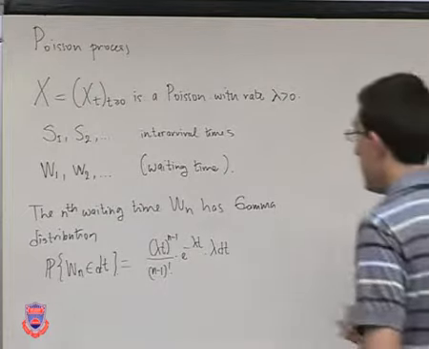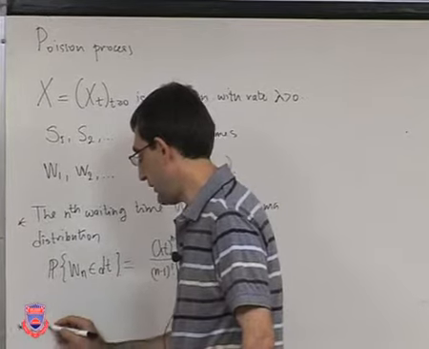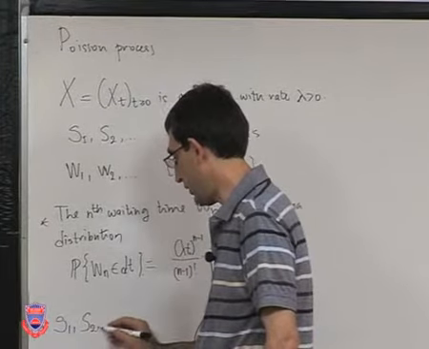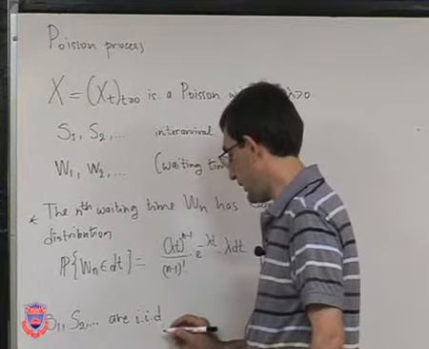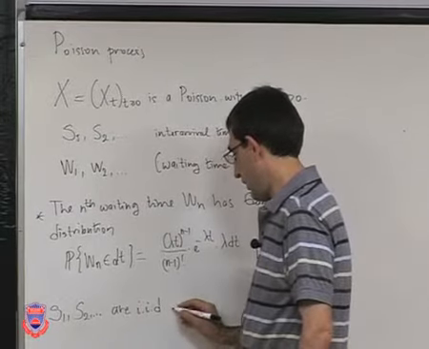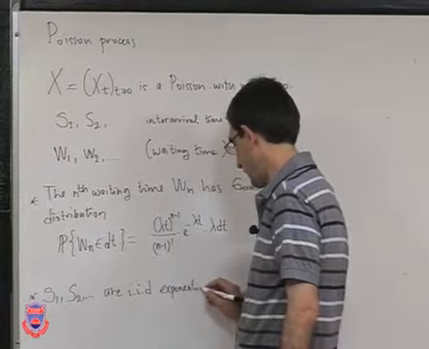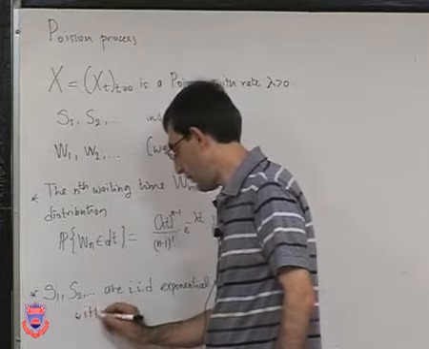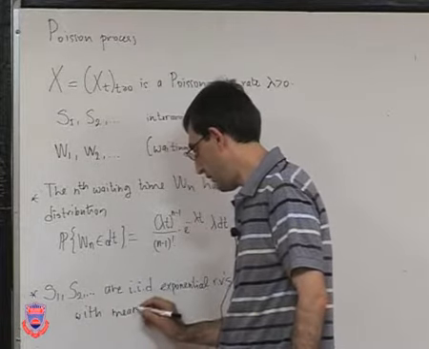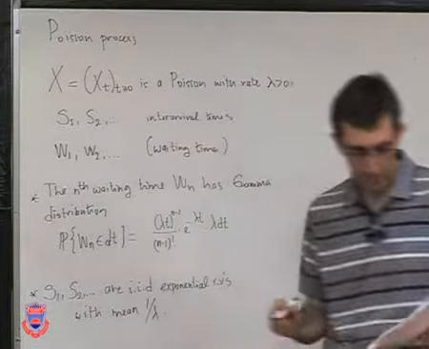And we also said that these inter-arrival times, S1, S2, and so on, are independent and identically distributed exponential random variables with common mean 1 over the rate of the Poisson process, right? 1 over lambda.